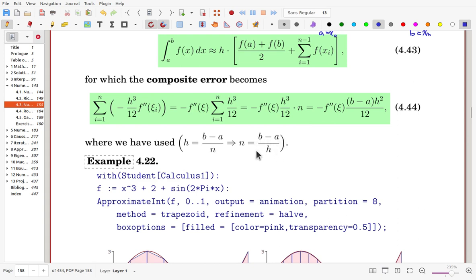By replacing n with this term, we can reach this error. So the composite error is order h squared, and locally h cubed, but that will be added over the whole domain, so it becomes h squared.